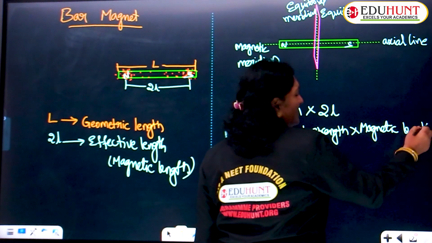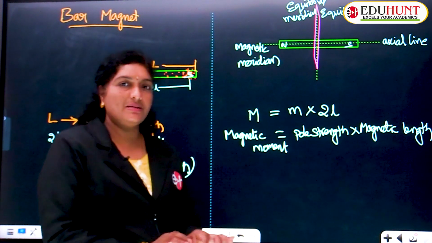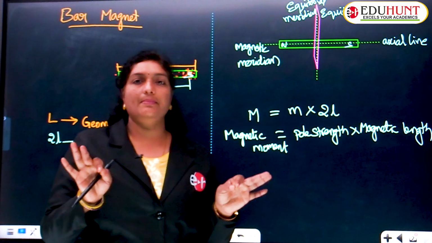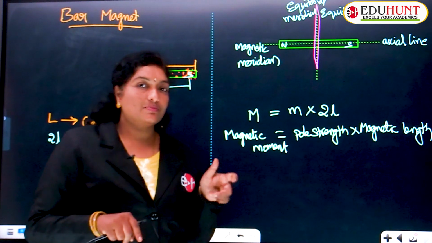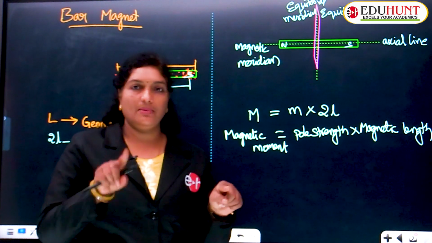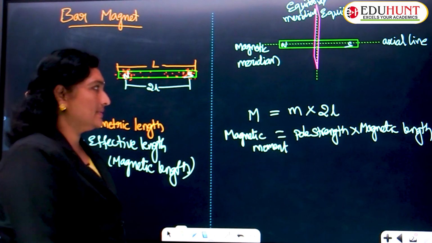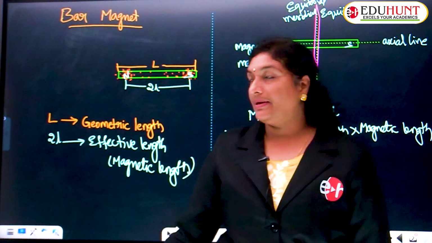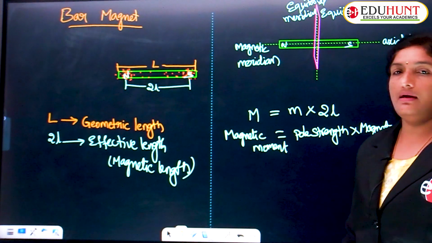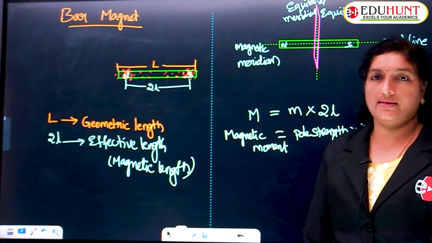Remember, children, magnetic length is different and geometrical length is different. Geometrical length means whatever you get with the help of a scale measurement, whereas magnetic length or effective length is nothing but the length from pole to pole. So, I hope you got a clear view regarding what exactly lies behind this bar magnet.